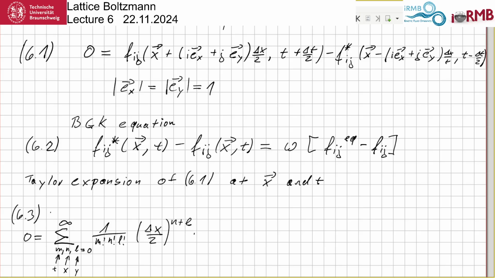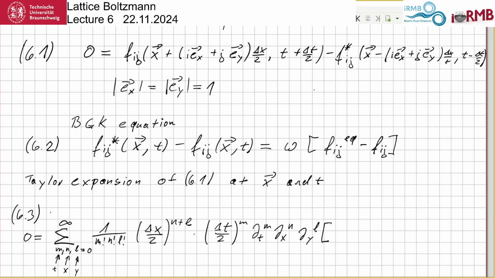And then in time we also move by half a time step, and this goes to the power m. Then we have the derivatives, which I write here in shorthand: the mth time derivative, the nth x derivative, and the lth y derivative.